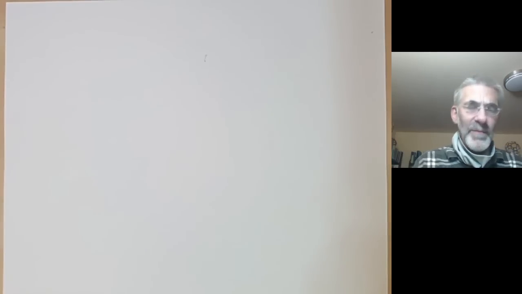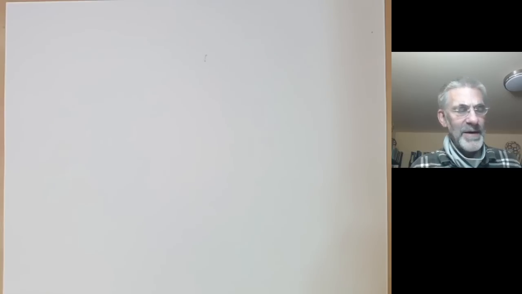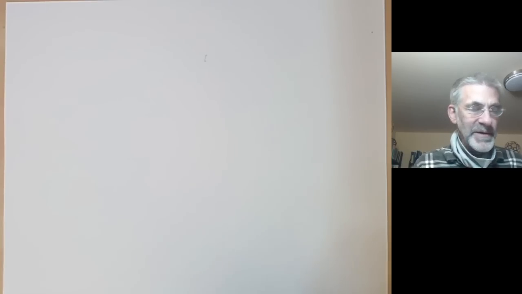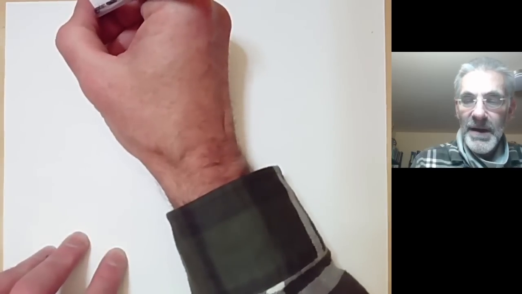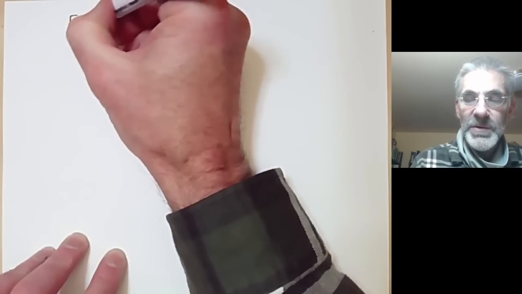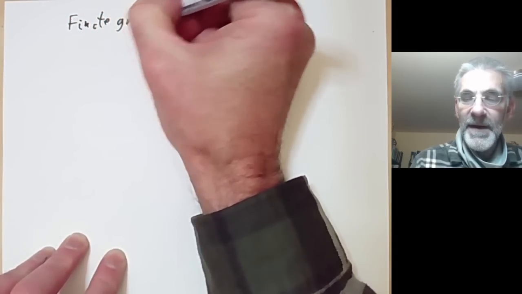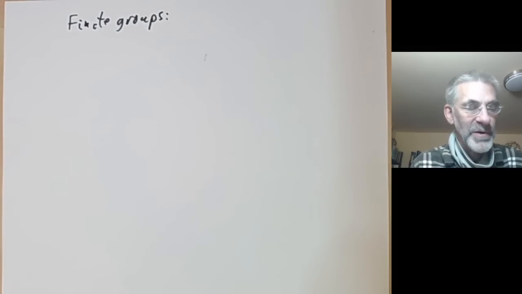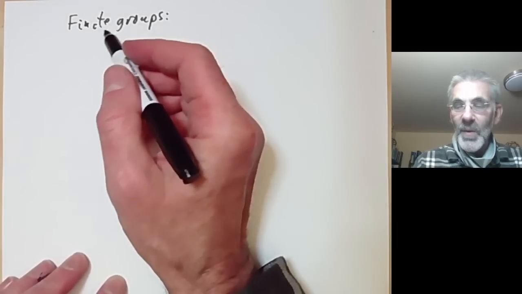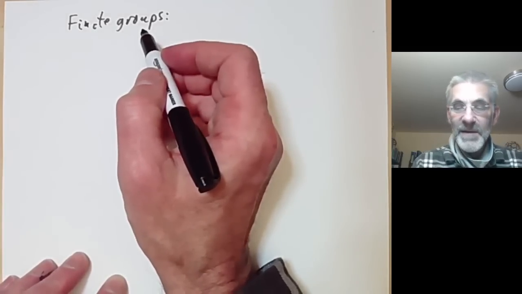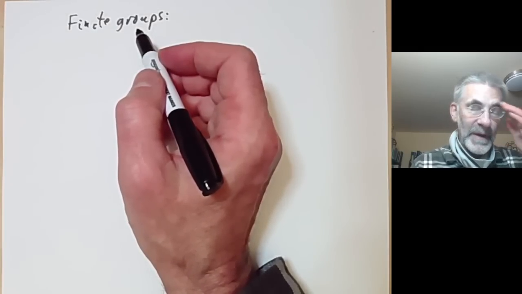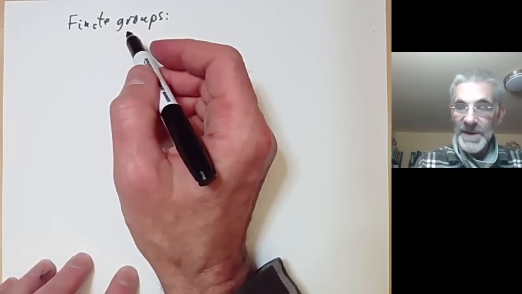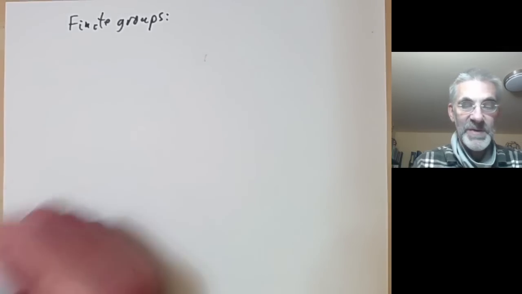Well, I said that modular forms and functions had a curious habit of turning up in areas that seem to have nothing to do with modular functions. So the first area might be finite groups. And finite groups seem at first sight to have nothing to do with this funny functional equation in complex analysis. Well, when you classify finite simple groups, you find there are about 18 infinite families and 26 exceptions called the sporadic groups.